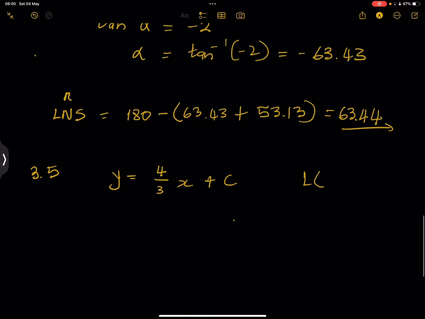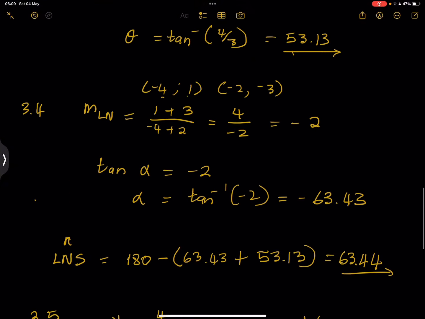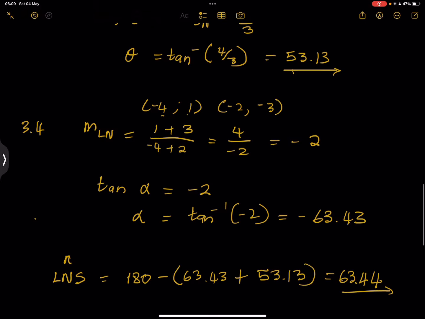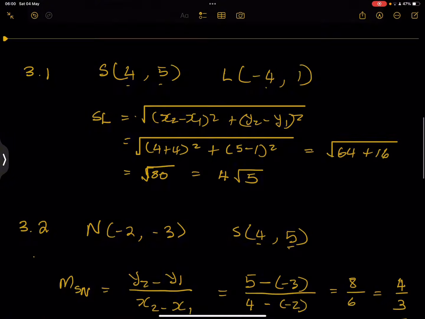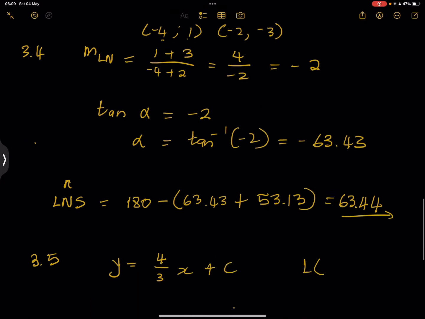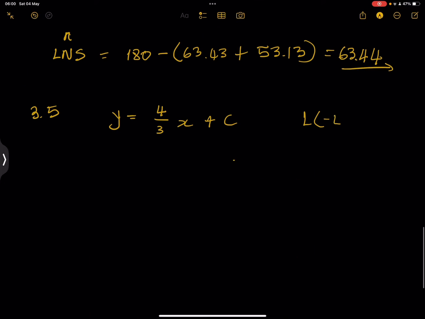And we know the coordinates of L, I just want to make sure that I am absolutely correct. I think they are (-4, 1). We can go back there just to verify. Yes, they are. So that's (-4, 1). So I'm going to substitute this point here. When y is 1, x is -4, plus c.